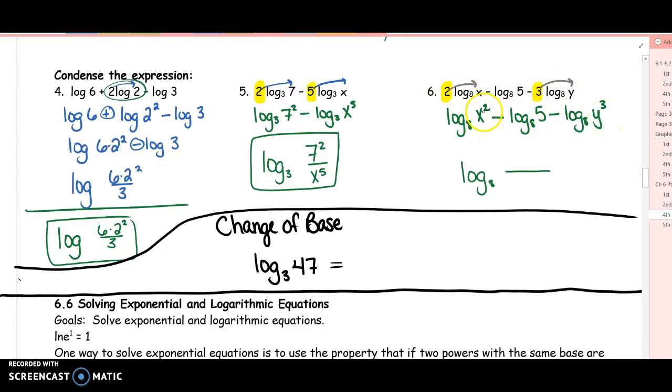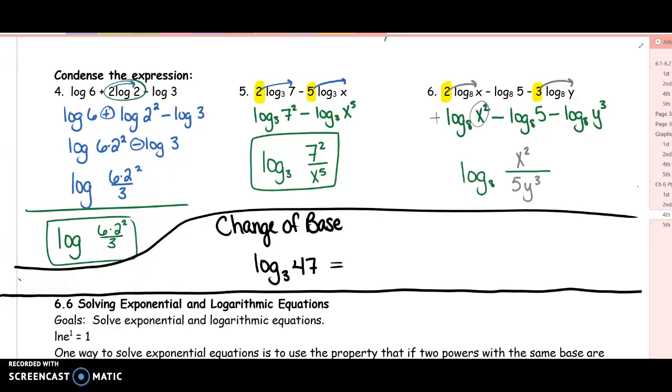Okay, the x squared comes from a log that is a positive log because there's no minus in front of it. So the x squared is going to go on the top. The 5 comes from a log that has a minus in front of it. So that 5 is going to go on the bottom. The y to the third comes from a log that has a minus in front of it. So y to the third will also go on the bottom.